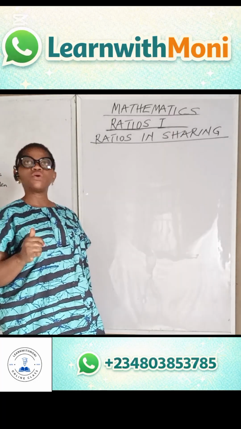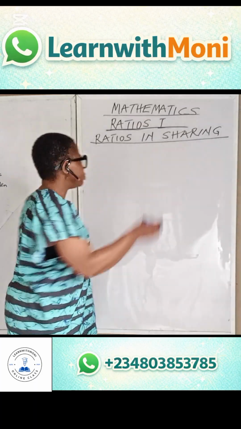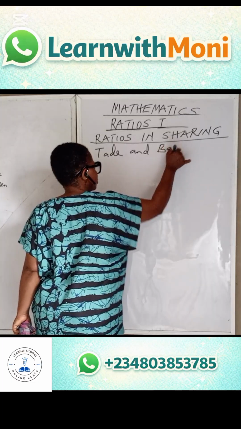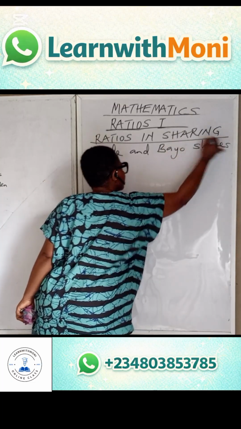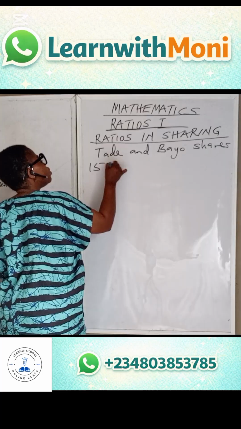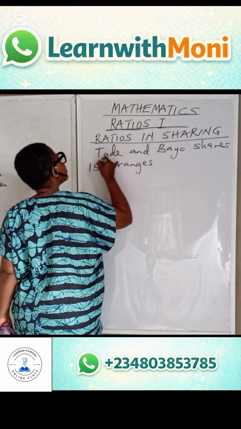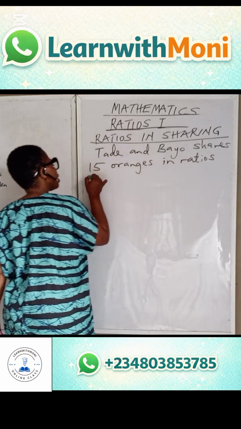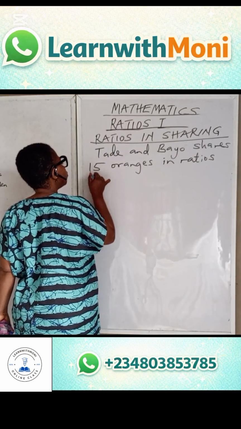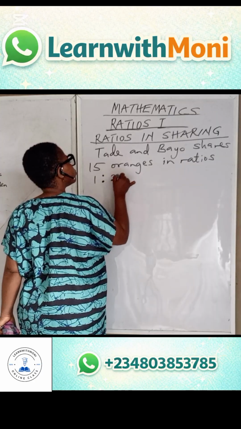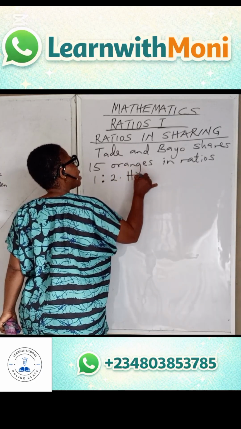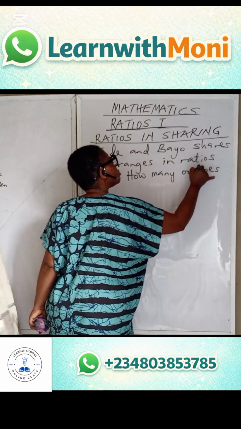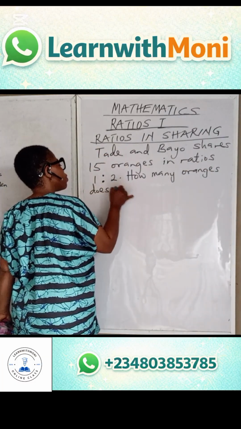Look at a situation where Tade and Bayo share 15 oranges in the ratio 1 to 2. How many oranges does each boy get?